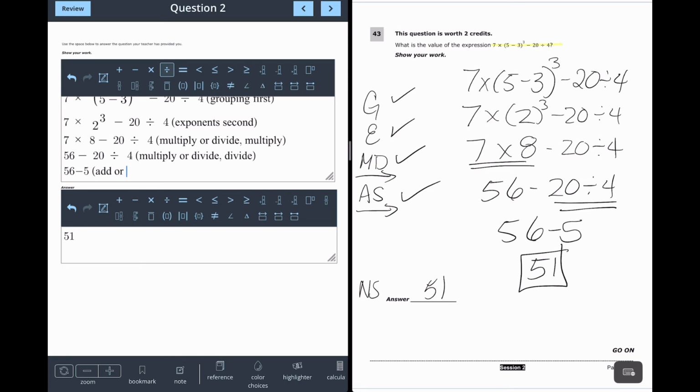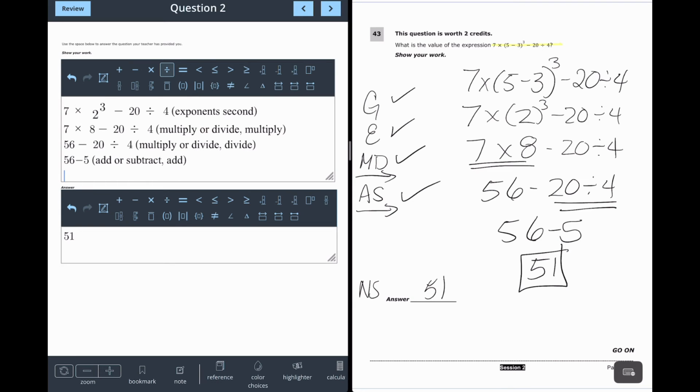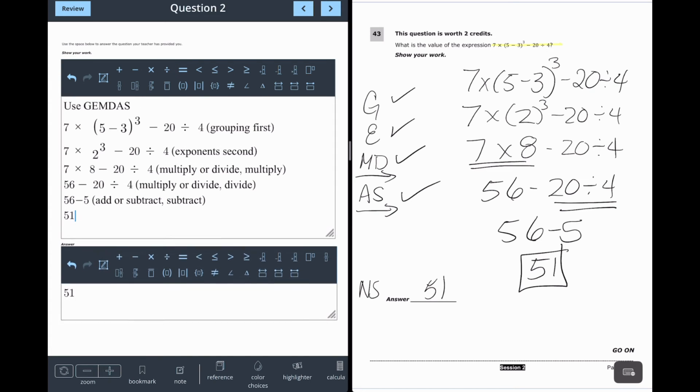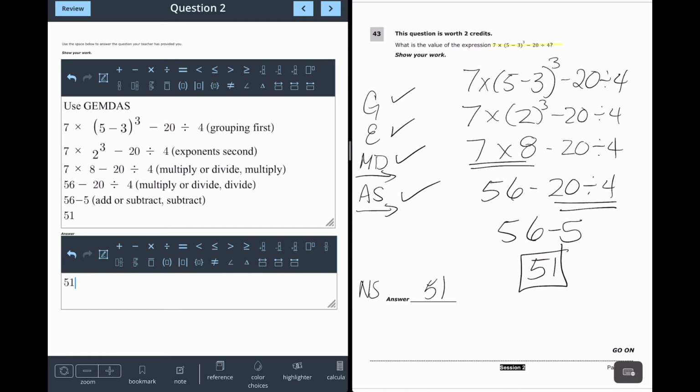And then add or subtract. Here I'm going to add and, oops, not adding. Subtract, and I get 51. So here you go. Take a look at all this one. So you can hit pause, take a look at it. But notice what I did. I used my order of operations. And I'm even going to type that in.